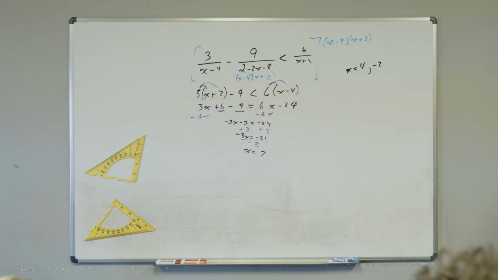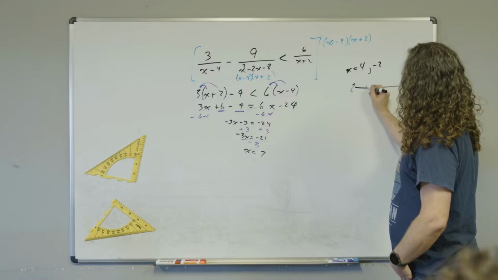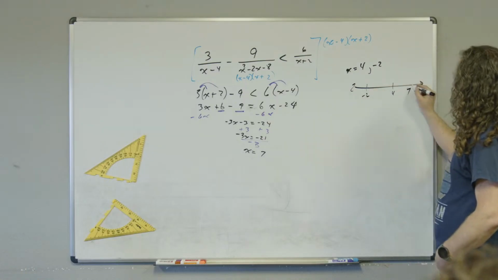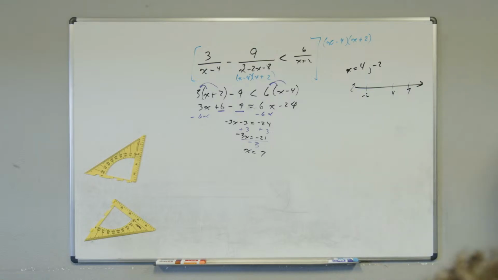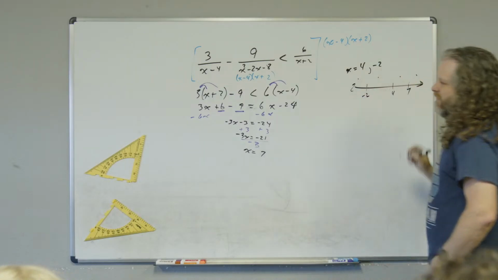You don't have to do the number line, but we essentially have this number line to work with. Now what do we have to do? We've got to check here, here, here, and here.